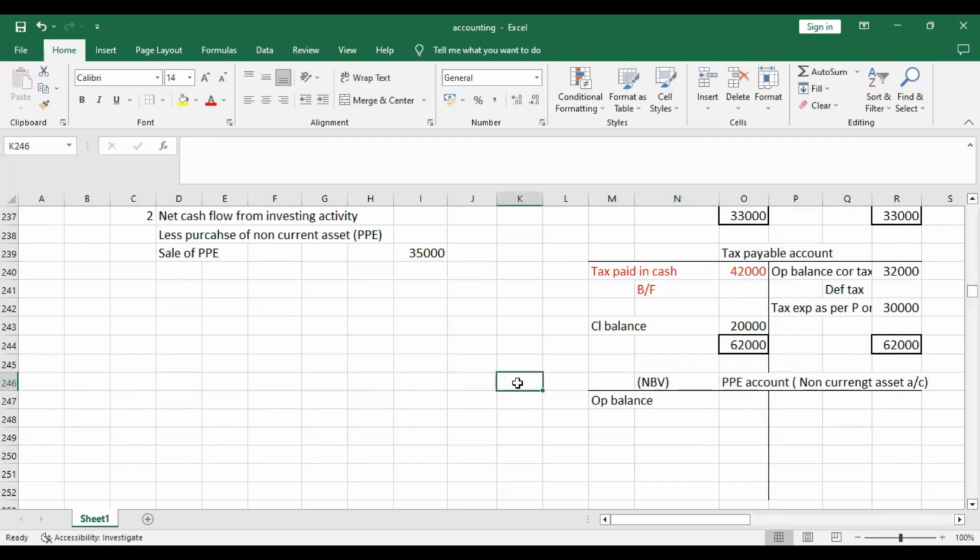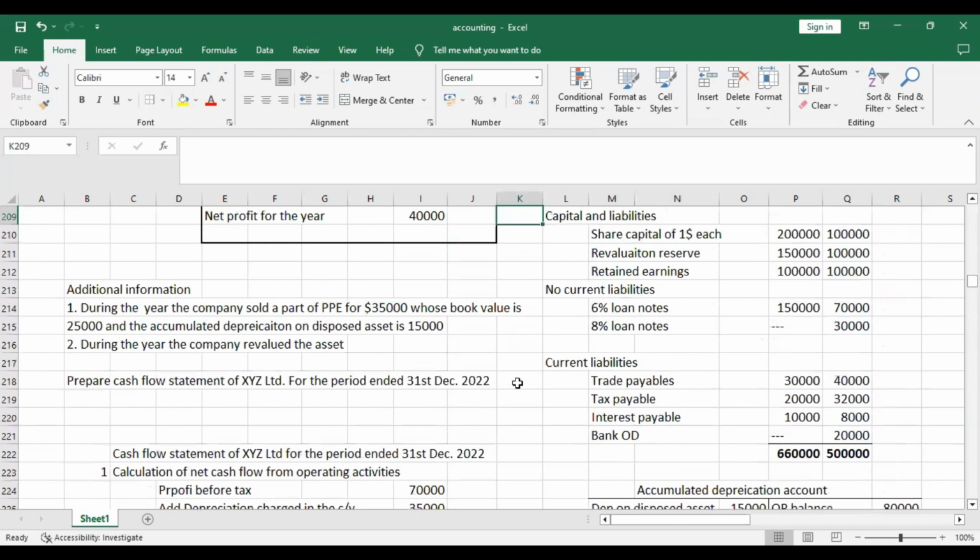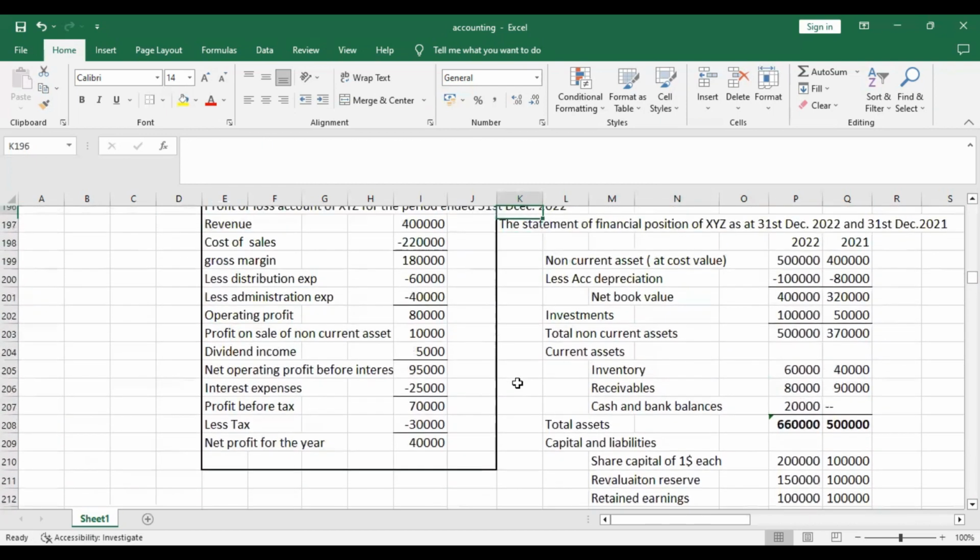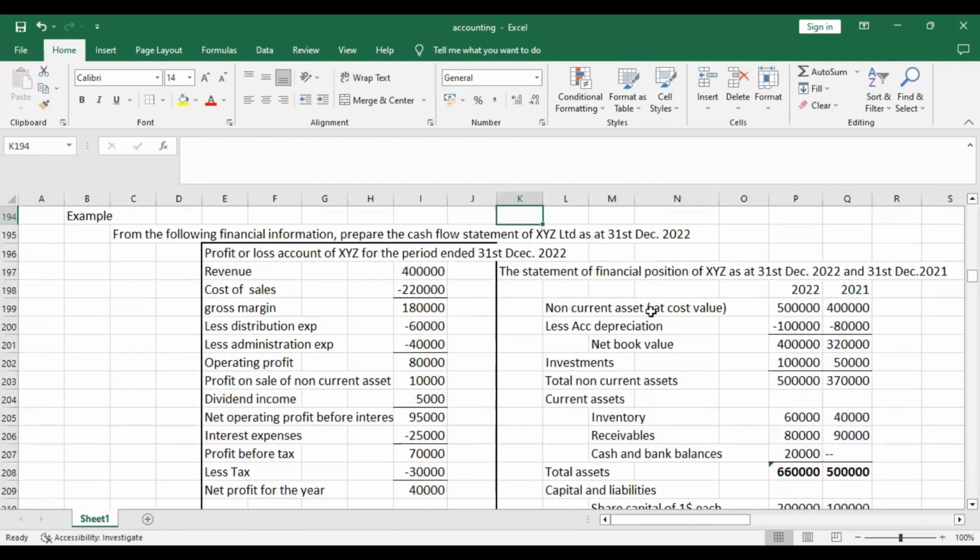Because in the balance sheet, you have been given the cost value of the asset, depreciation minus, and net book value. You can prepare the account using the net book value or using the cost value, but you follow one method. The difference I will tell you later on. For the time being, you take the net book value.